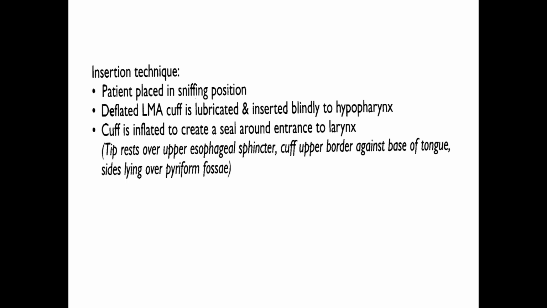Then how do we know it's in the correct position? By connecting the ambu bag to the LMA and inflating the lung. If you can see the chest rises, it's in a proper position.